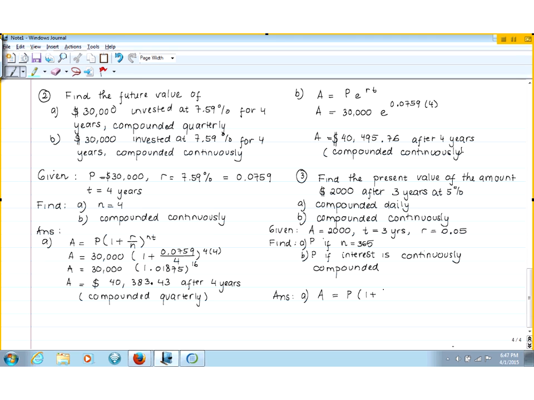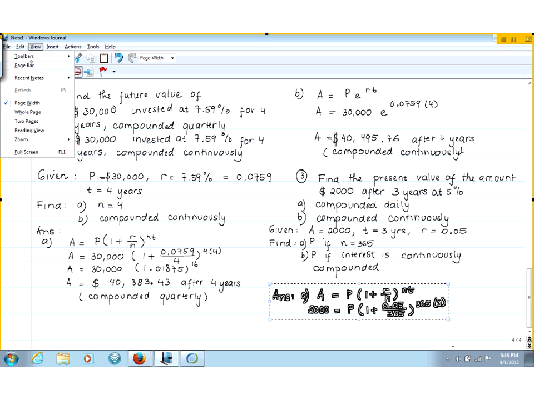So for A, it is P times 1 plus R over N raised to the NT. All right. So we have $2,000 after 3 years. We don't know P. We have 1 plus R over N, R over N is 0.05 over 365, raised to the 365 times 3, so 3 years. All right. So let's copy these and then continue to the next page.